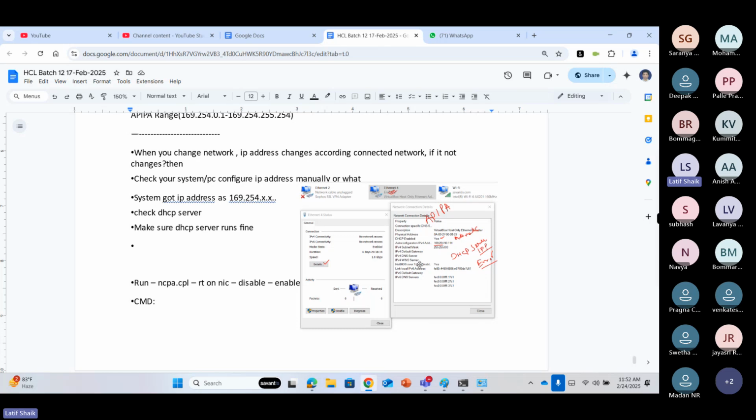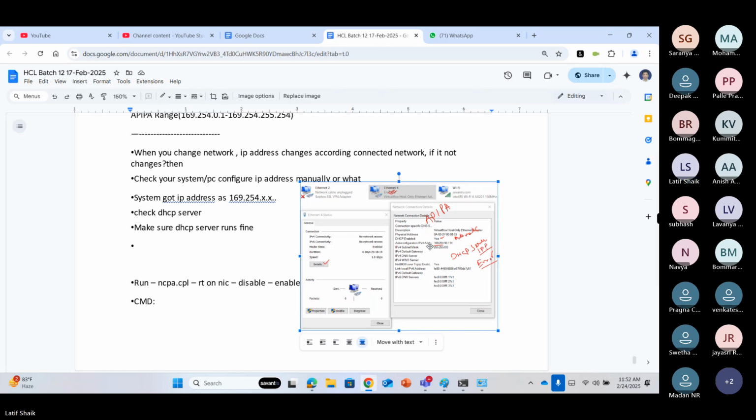So this is APIPA. When you see DHCP enabled and automatic configured IP address 169.254, it means you got APIPA. It means your system did not get the IP address from the DHCP server. It's an error.